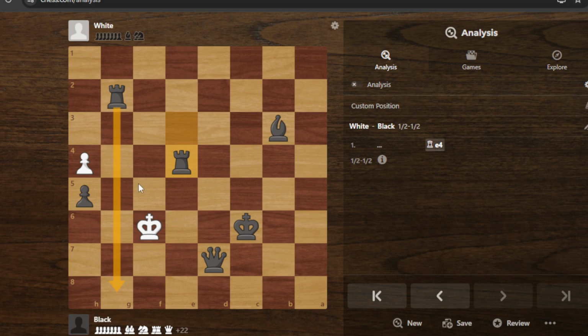So let's cancel that. The king cannot go to f5 because of the queen. The king cannot go to e5, e6, e7 because of the rook, and on e6 and e7 the queen is also there, and on e6 the bishop is there.